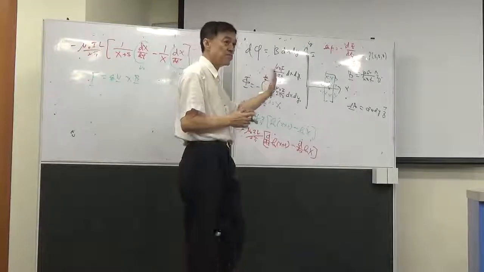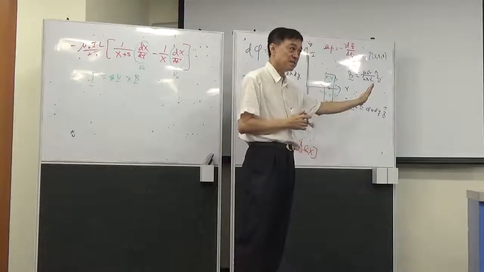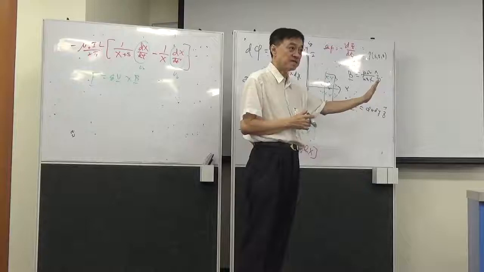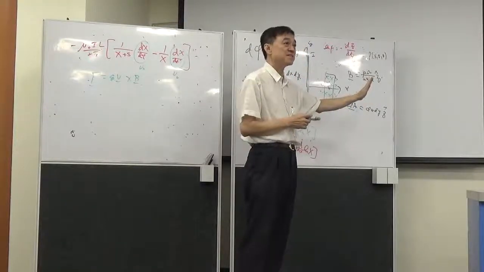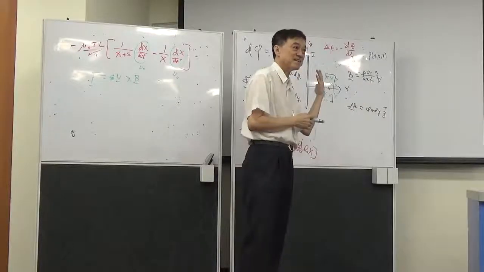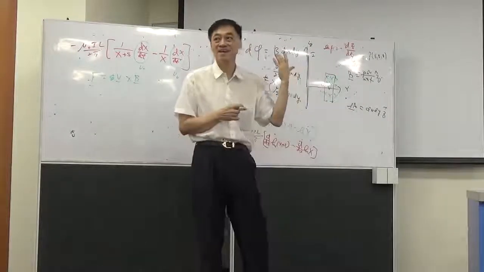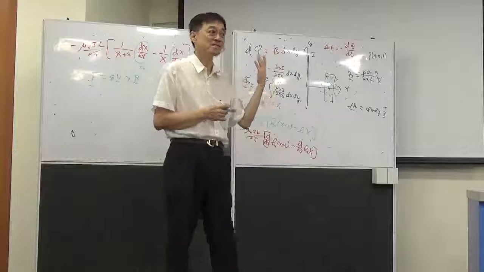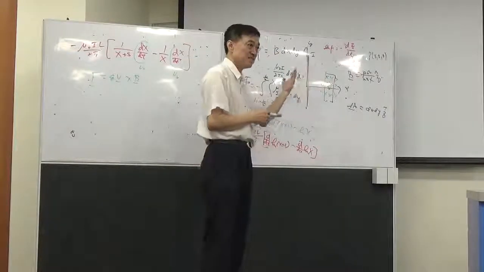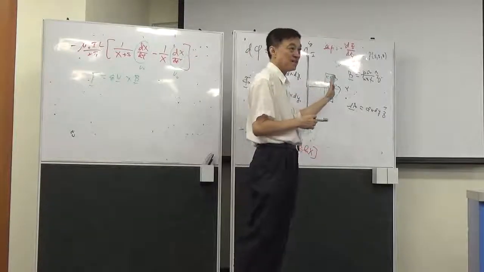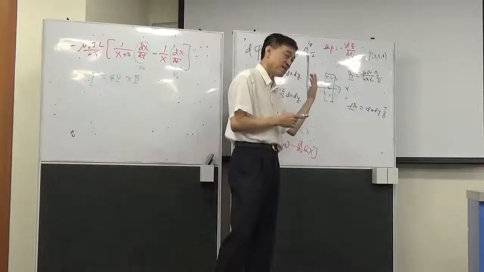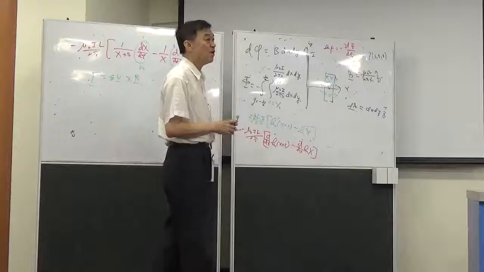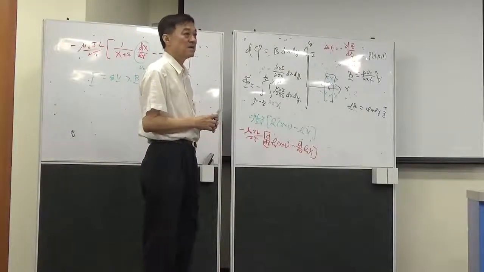The velocity of Q is in that direction. The electrons move in that direction, so the velocity of the positive charge is in the opposite direction. So Q v cross B.